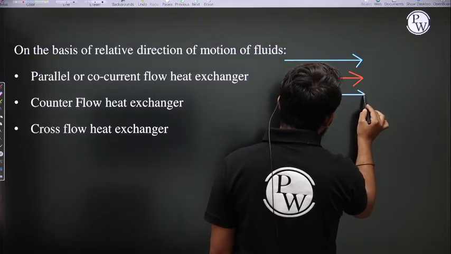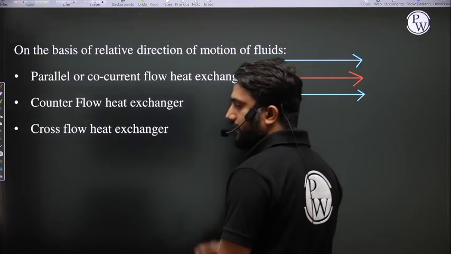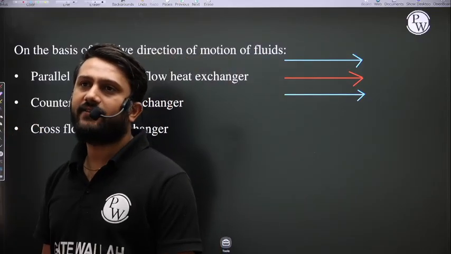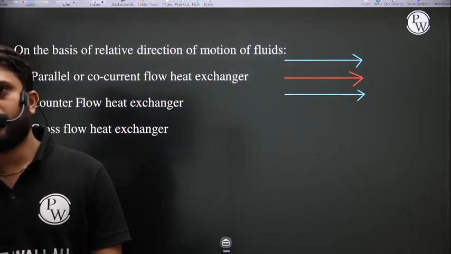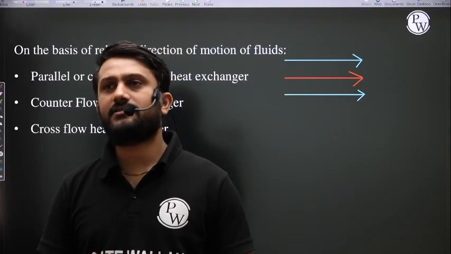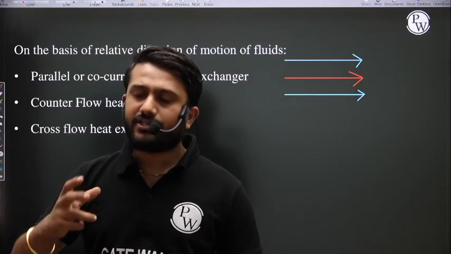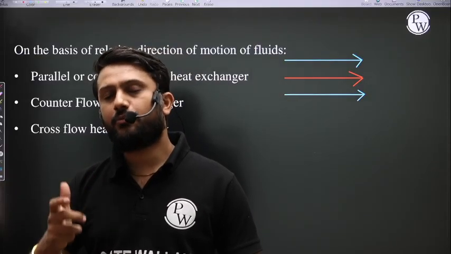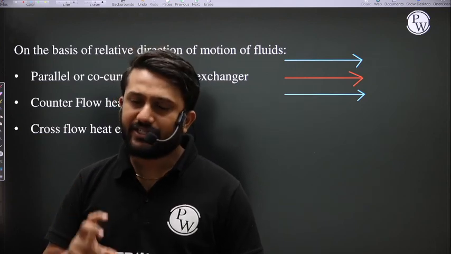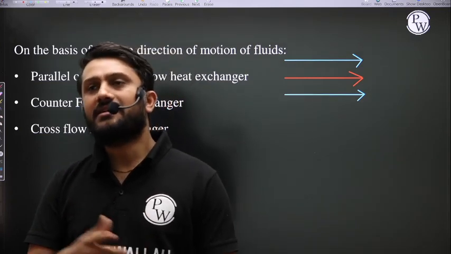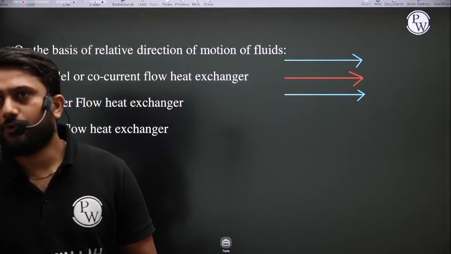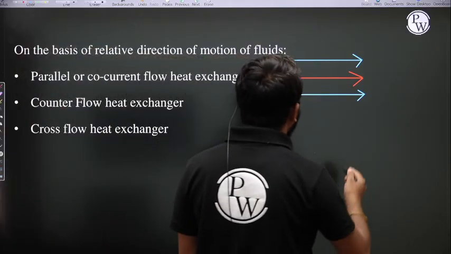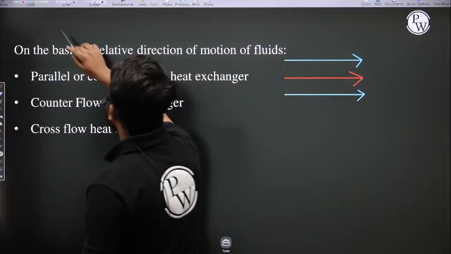And if the hot fluid is flowing in the negative x direction, the cold fluid is also flowing in the negative x direction. That means the direction of both the fluids is the same. That is known as the parallel flow heat exchanger or co-current.